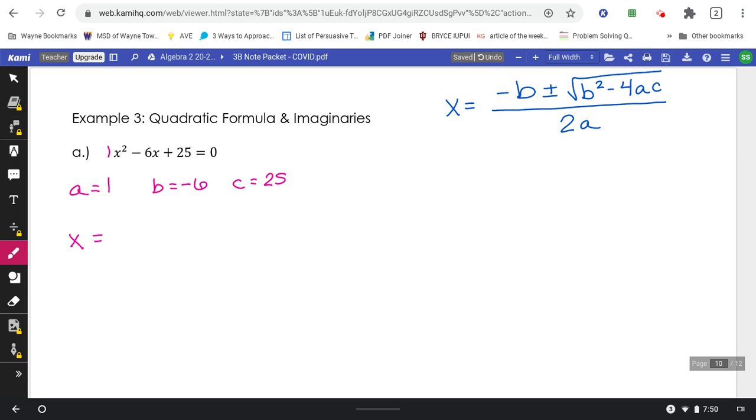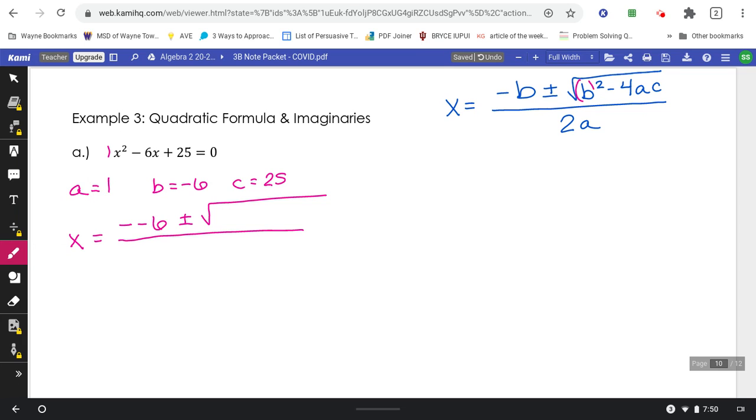x equals just means the answer is going to be negative b, so negative 6. You have the negative from this part right here as well as the negative from there. Plus and minus sign. b squared.